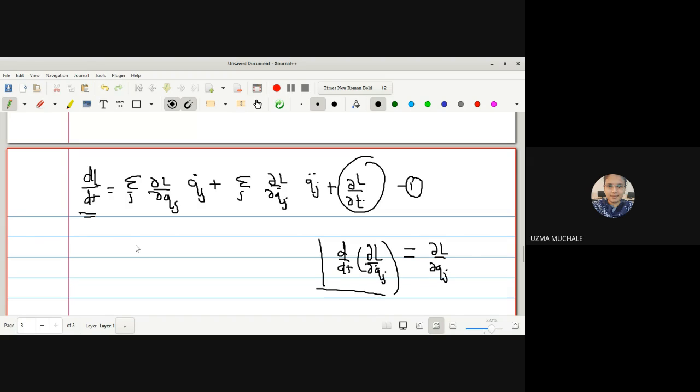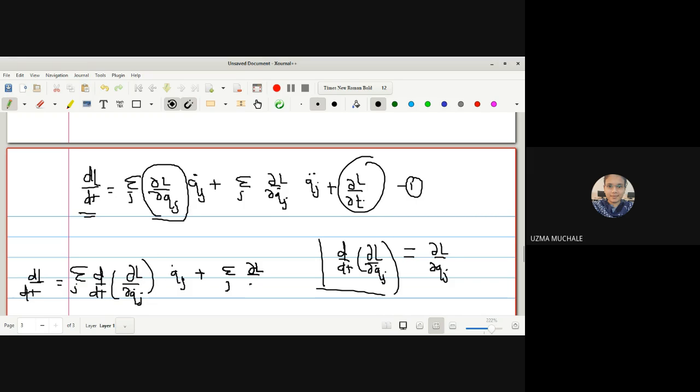So substituting this in our above equation, we get dL by dt equals to, instead of dou L by dou qj, इसकी जगह पे हमें substitute करना है, right? So this summation over j as it is, d by dt of dou L by dou qj dot into qj dot, plus summation over j dou L by dou qj dot into qj double dot.